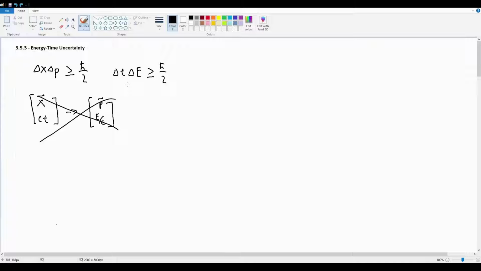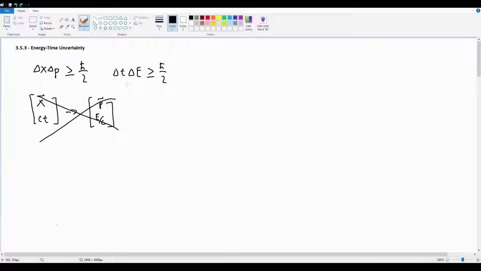Because that's really the only thing that makes sense in terms of a difference in time, which implies an initial time and a final time. What am I doing at some time for a system? Traditionally I'm measuring something. So maybe delta t is the difference in time it takes for me to measure something.